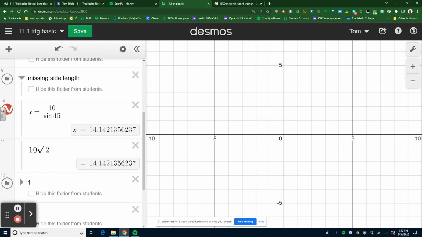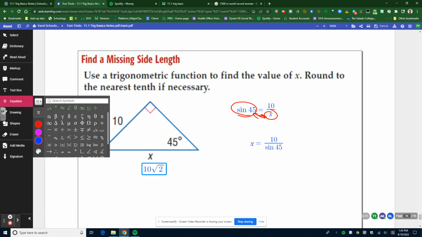You guys are special, so I'm doing it a third way just for you. Okay? Sine. So if I don't want the x to be in the bottom, instead of using sine, I could use cosecant. I wouldn't recommend this on the regular, but anytime you have x in the denominator, it tends to mess up some of you.